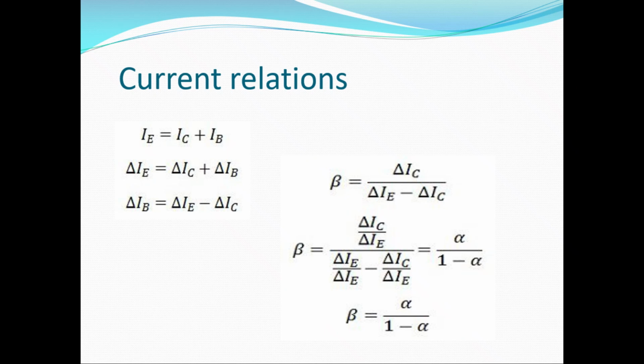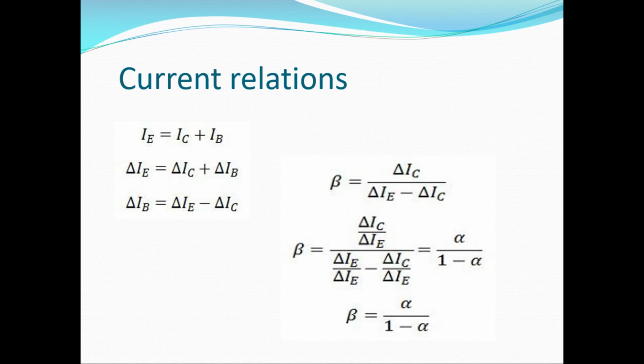Then delta IB is equal to delta IE minus delta IC. The current amplification factor beta in a common emitter amplifier is equal to delta IC divided by delta IB. It can be rewritten as beta is equal to delta IC divided by delta IE minus delta IC, because delta IB is equal to delta IE minus delta IC.